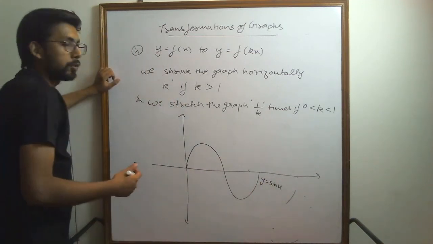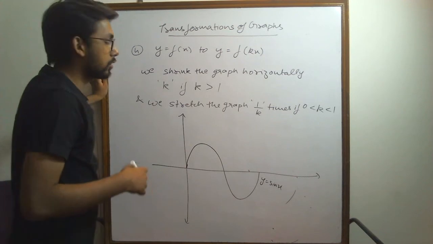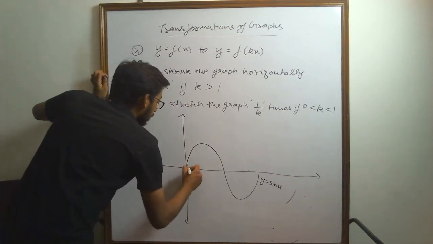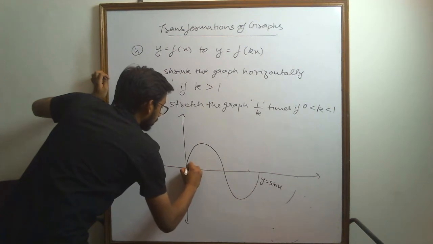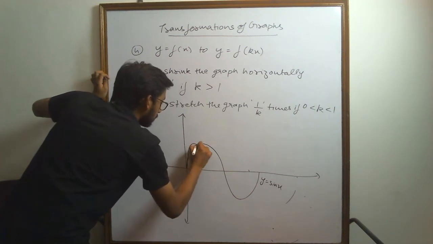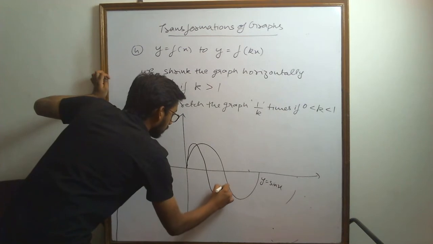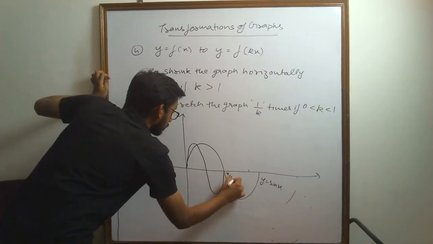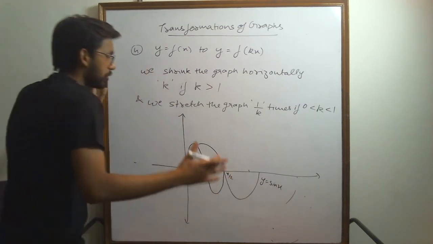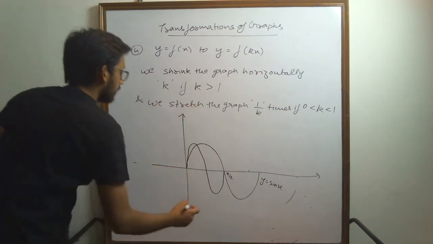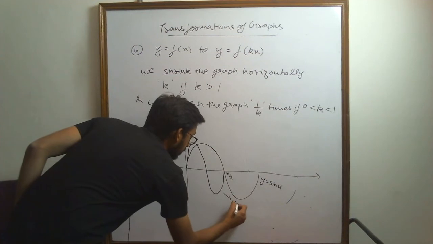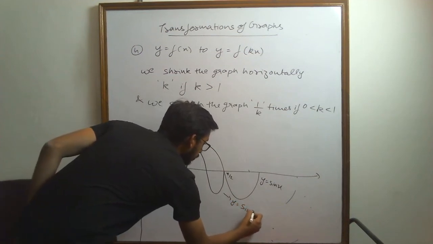Now, if I want to make the graph of y is equal to sin 2x, then I will shrink the graph 2 times horizontally. So the graph will be like this. This is pi by 2. I am shrinking it horizontally, compressing it from both sides. So this will be the graph of y is equal to sin 2x.